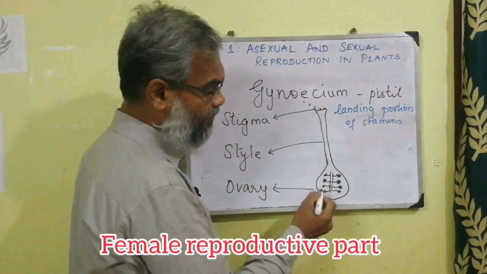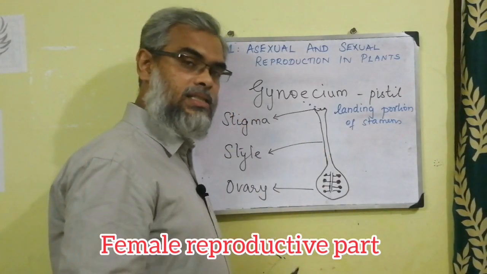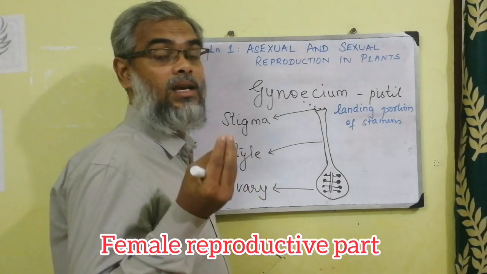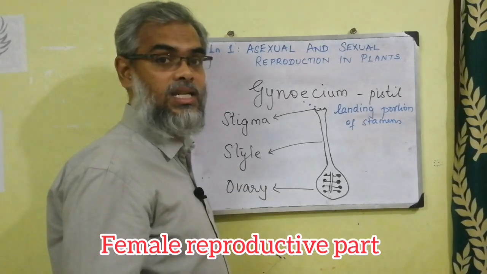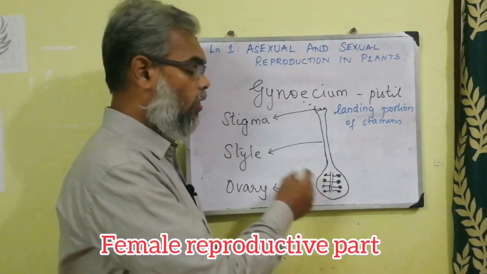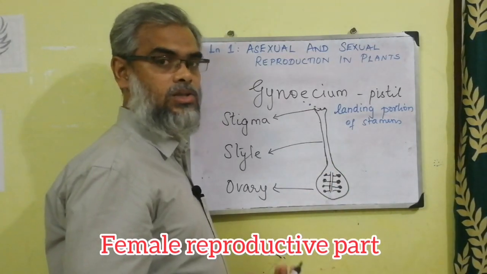Now here, we have so many ovules, isn't it? But in some cases, you will have only one ovule, right? Like rice, wheat. In such plants, we see only one ovule. But in some, many ovules are also present.